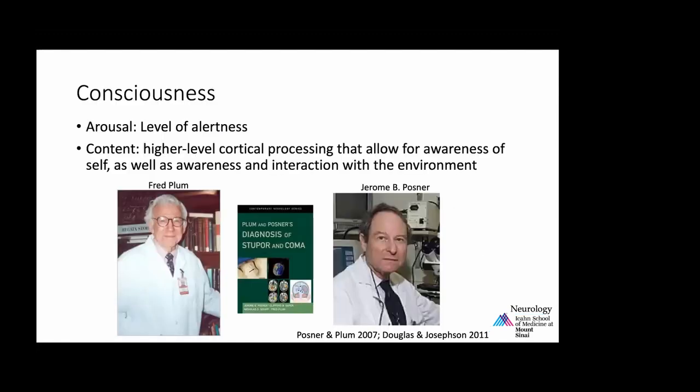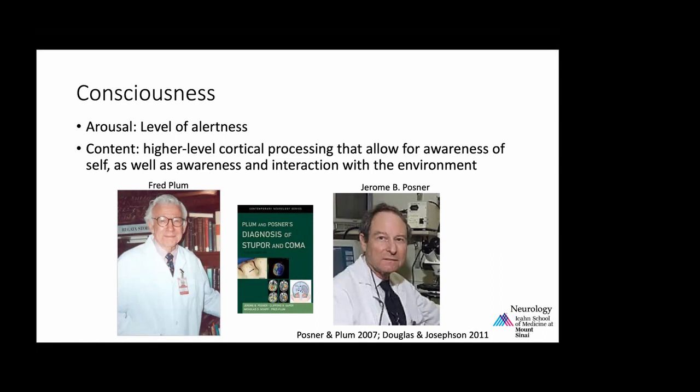So consciousness, so we're talking about altered mental status. The way Plum and Posner, who were two luminaries within neurology, Dr. Plum passed away actually from primary progressive aphasia in about 2010, but Dr. Posner is still a neuro-oncologist in New York City, and they wrote this book, Diagnosis of Stupor and Coma, and in that they basically broke altered mental status into the arousal and the content of cognition.